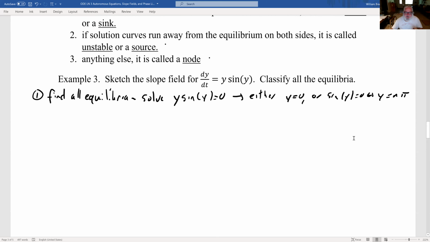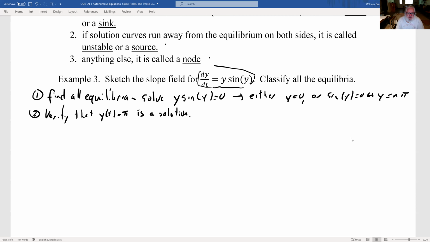So I want to just verify, don't really need to do this, but I want to verify that y(t) equals π is a solution. And how do you do that? Well, you take your y's in your differential equation and you replace them with π and see what you get. So left-hand side, we'll replace this y by π.